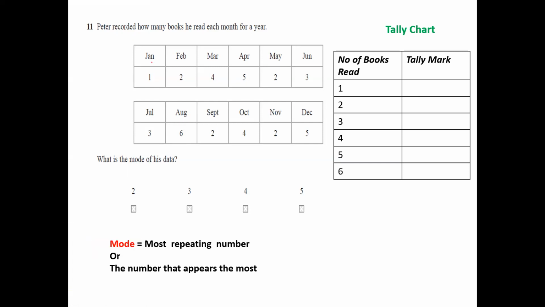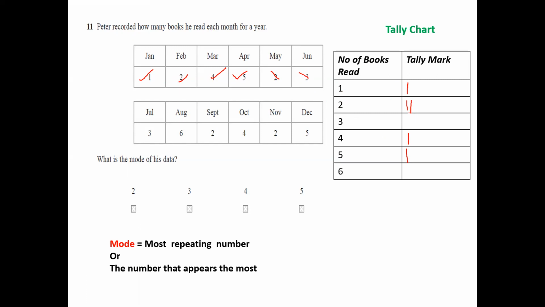If you take January, Peter read only one book in January. So in front of 1, you can put a small tally mark. Then February, Peter read 2 books. So in front of 2, you can draw a small tally mark. Then March, 4 books. April, 5 books. May, 2 books.